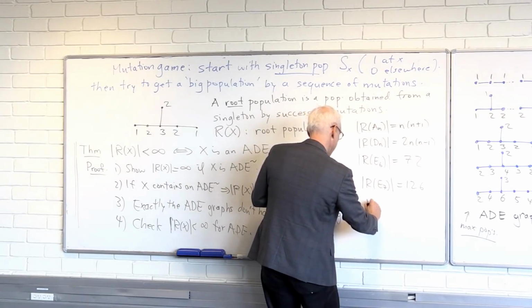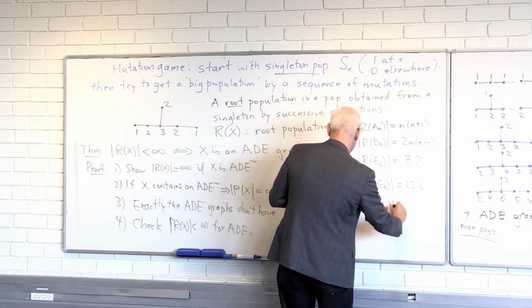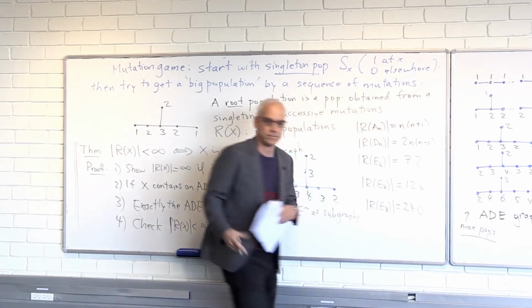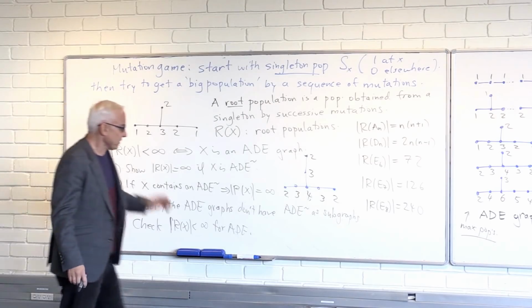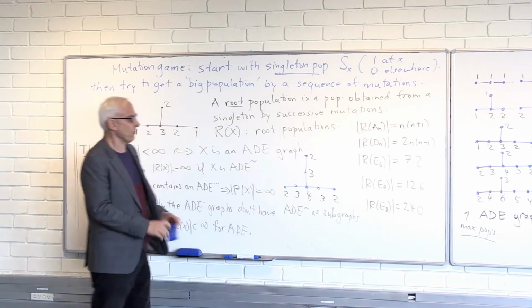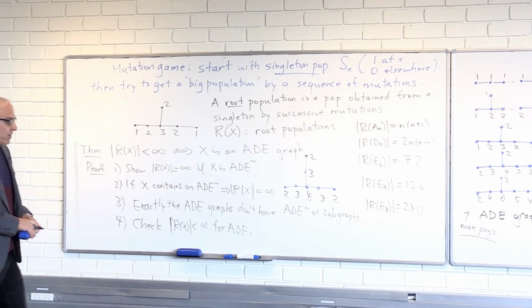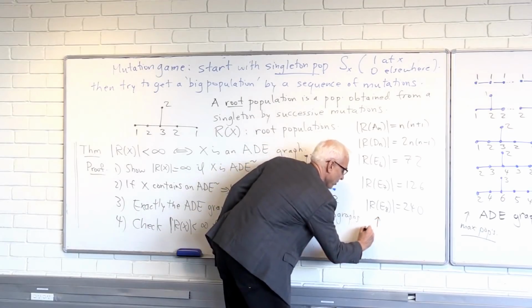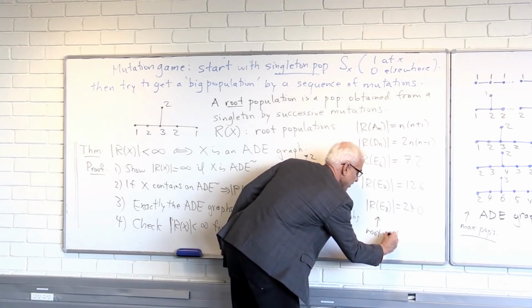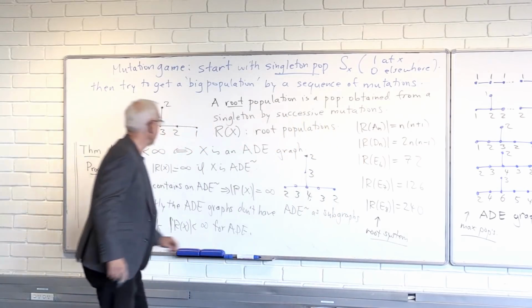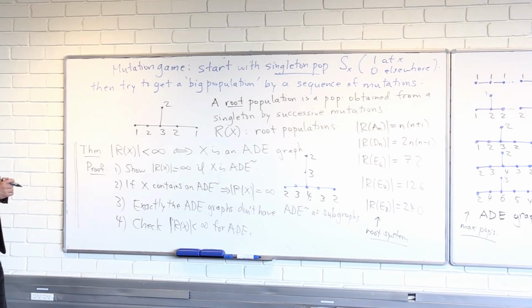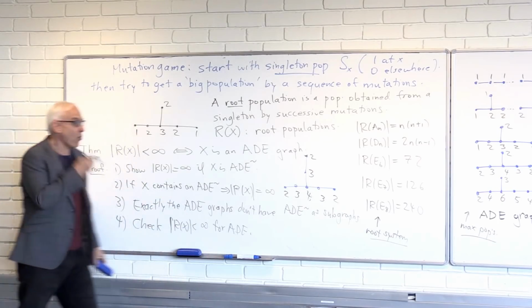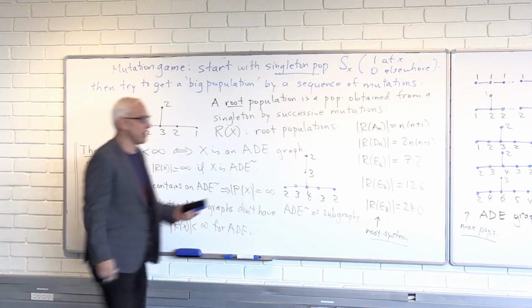And for E8, it is 240. So these are the classical root systems, which I'll explain in my next lecture, probably, what a root system is and the connection here. But I want to tell you another remarkable fact about these root populations that is actually, I think, a very deep and important problem in graph theory.